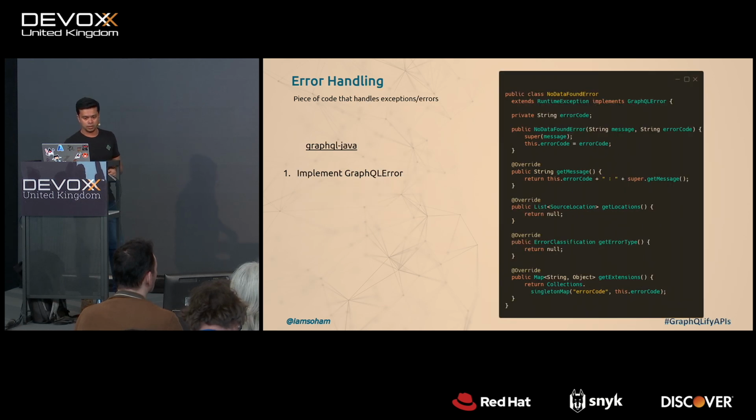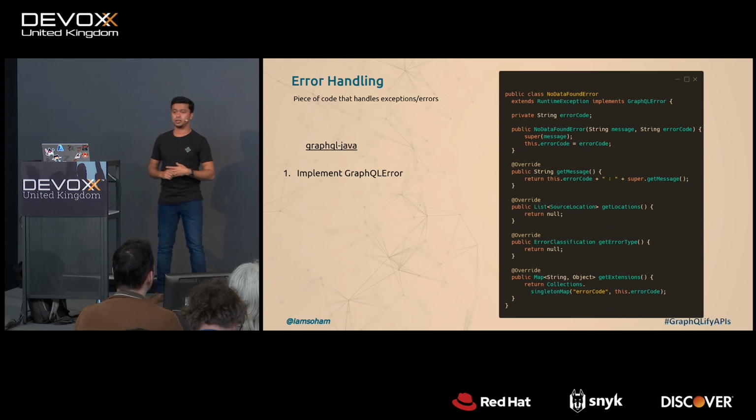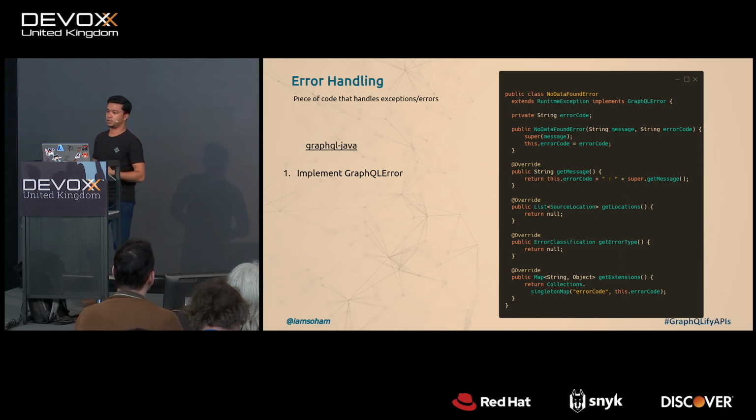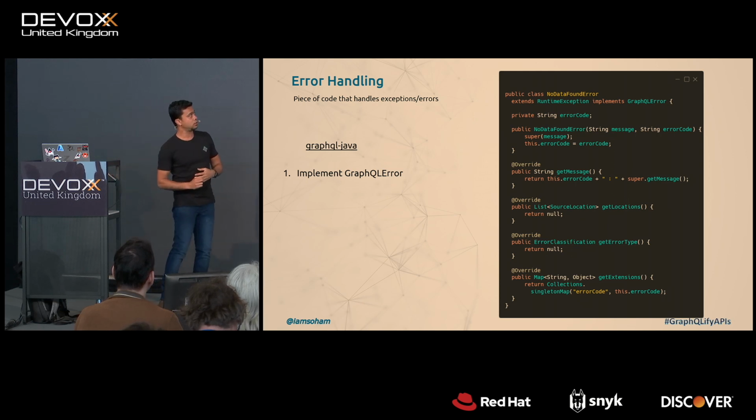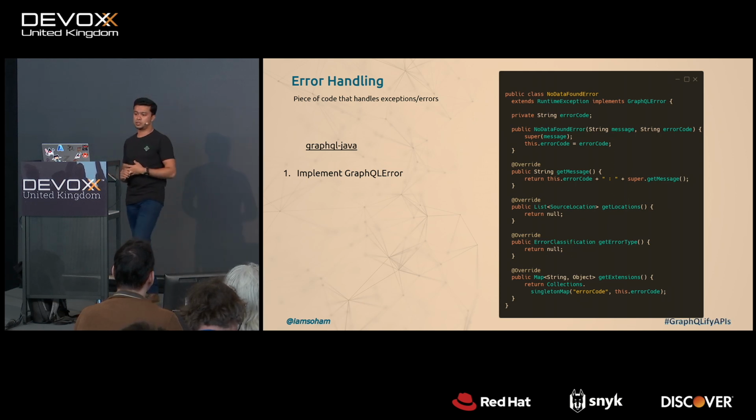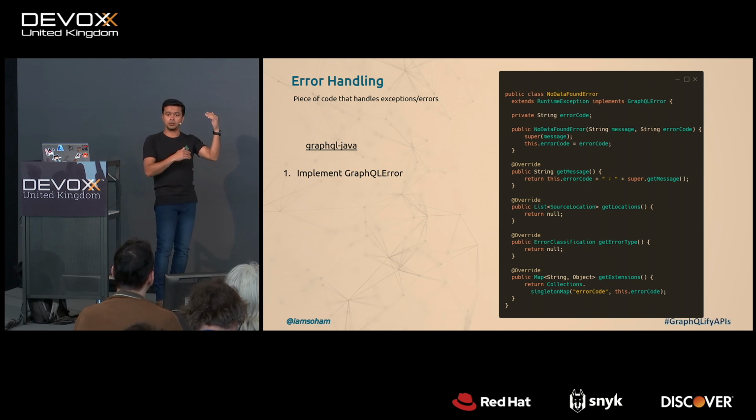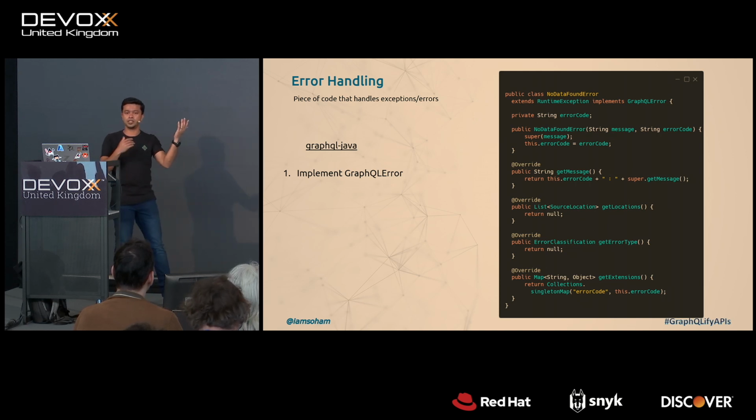Error handling. As I said, everything is 200. You will never get anything else. Yeah, 404 can be. But if there is an exception, your HTTP status is always 200. And the way GraphQL defines it is, you get an error back with an error object where all the information is there.